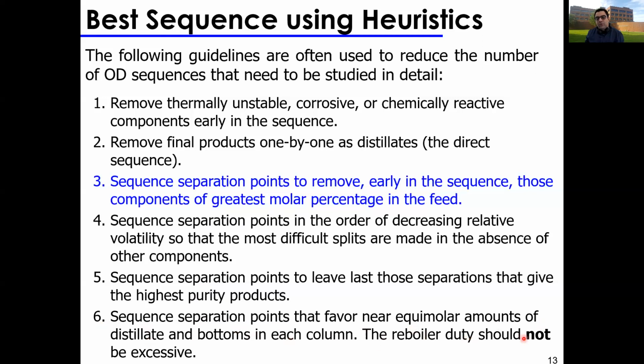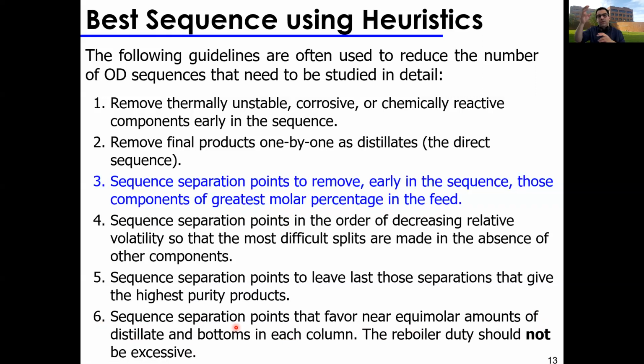The reboiler duty should not be excessive. Number 6 has more to do with the way you design and operate your distillation column. If I'm separating two components, I don't want my distillate flow rate to be 50 times higher than my bottoms flow rate, right? So we're basically just boiling everything out.